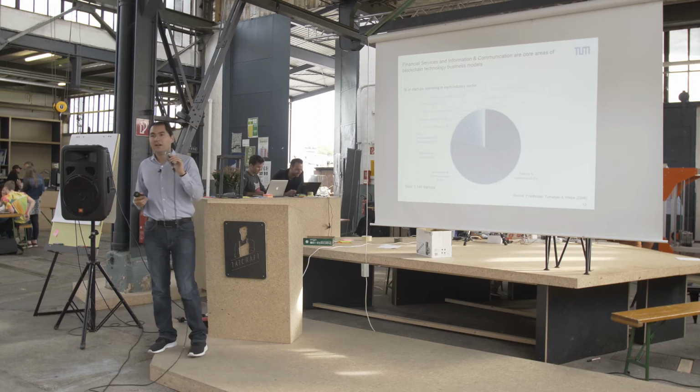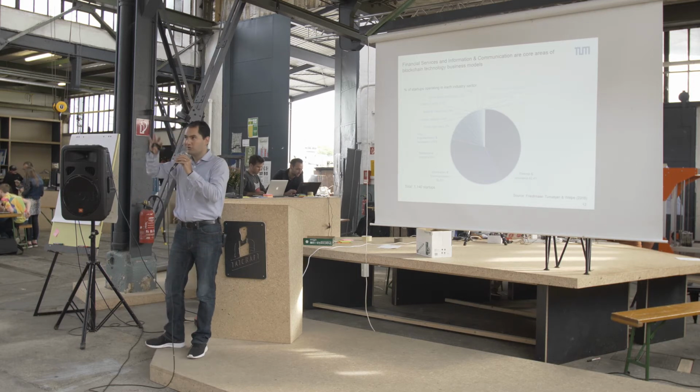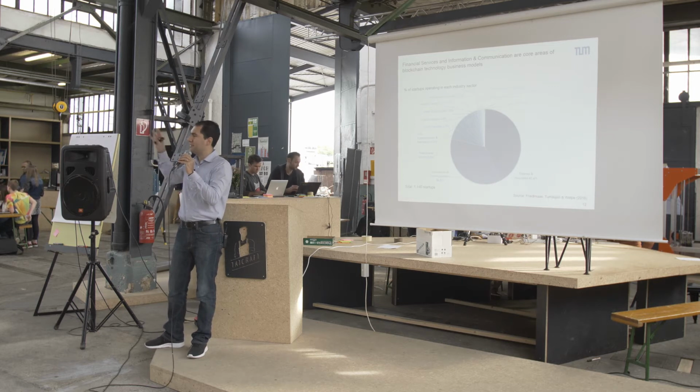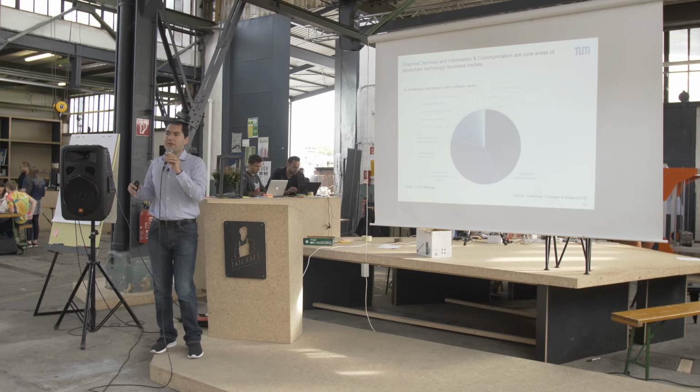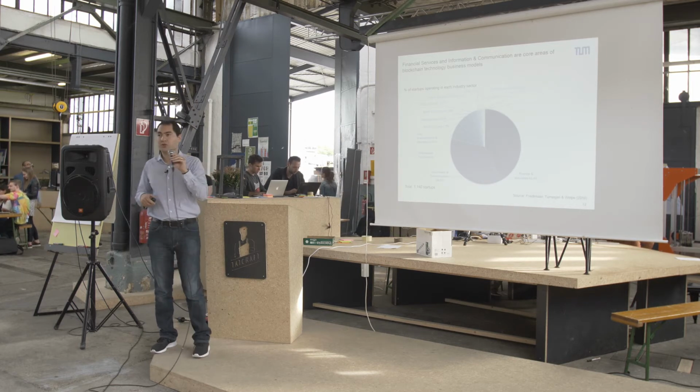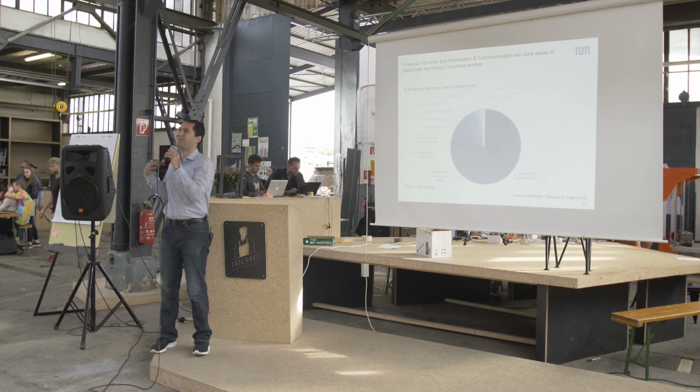And as you can see, although I've shown you all the different kinds of use cases, business landscapes, and so on, the really overwhelming majority is finance and insurance. So really cryptocurrencies, payments, and so on.